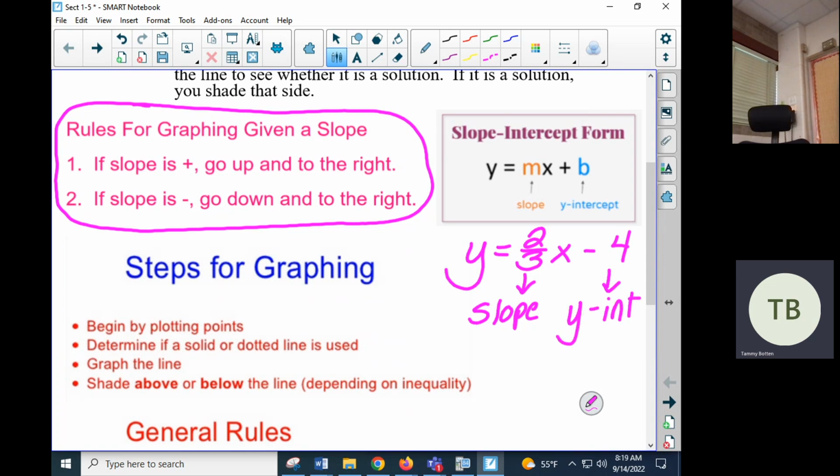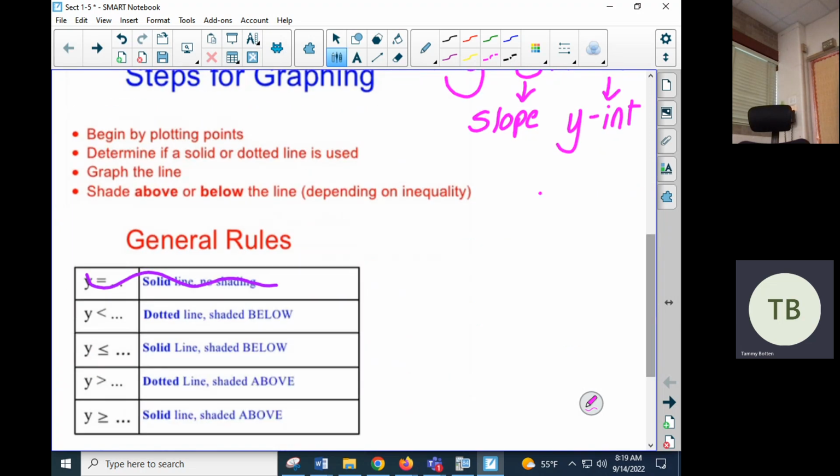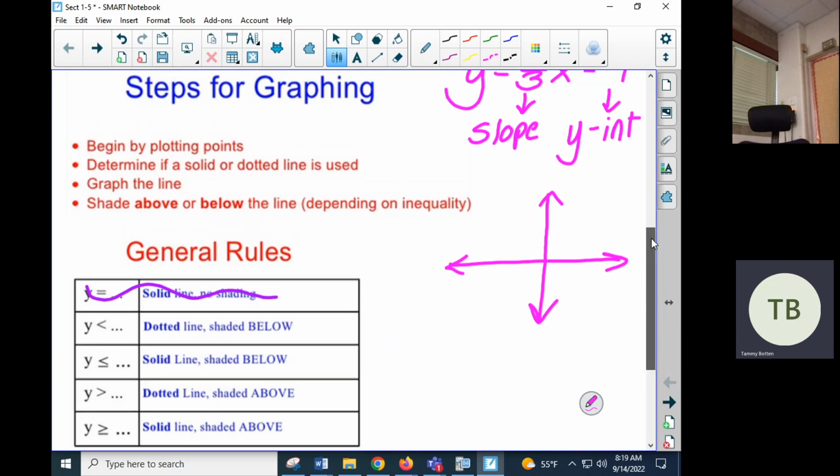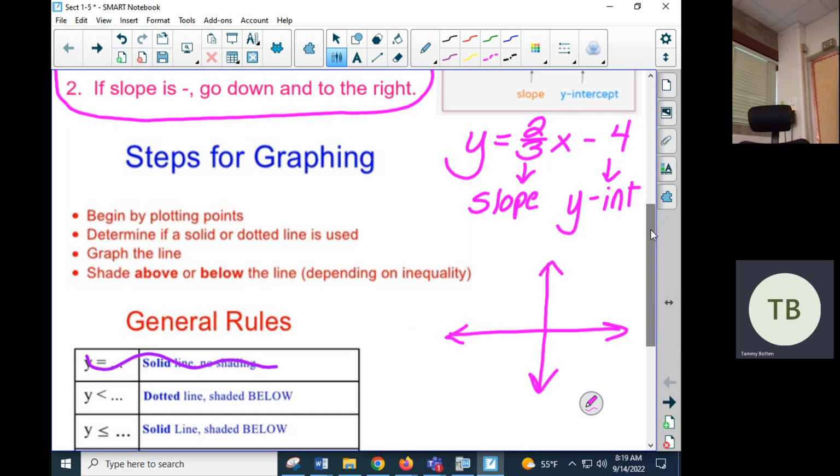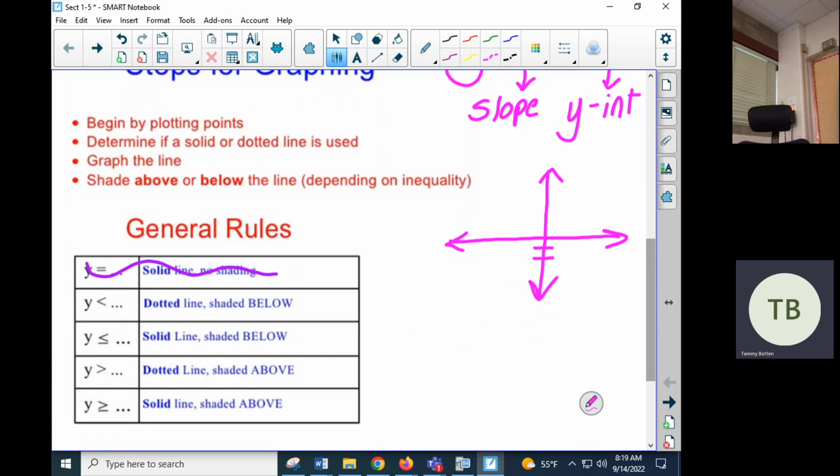Okay, and here's how I do it. If my slope is positive, what I would do is I'd go to my graph. I would go to my y-intercept, which is where it crosses the y-axis, and I'd put a point at -4.